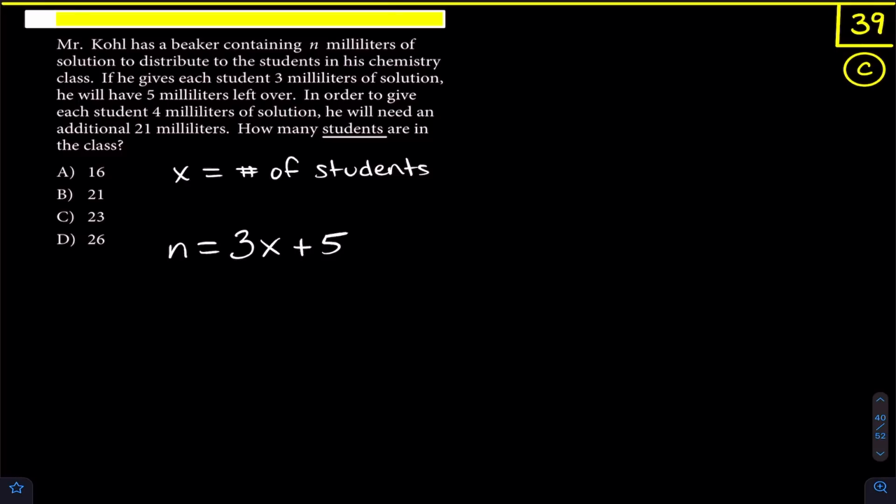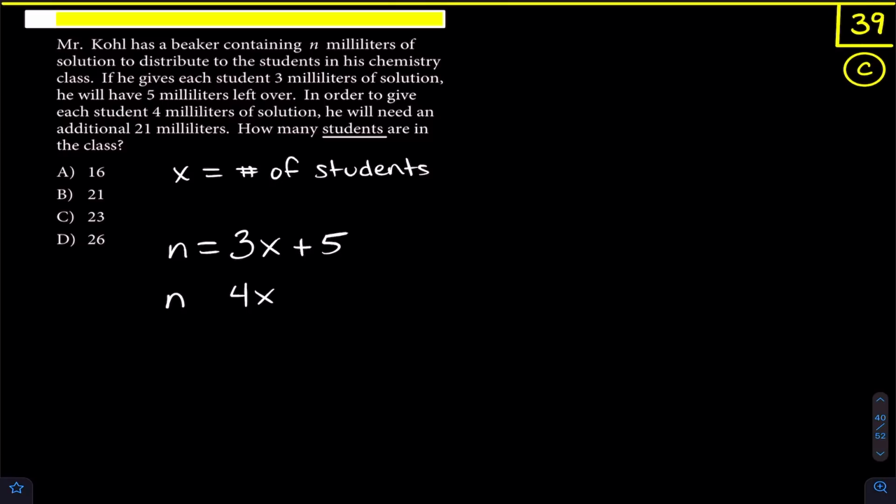And now that we have that, we can use that exact same method to make another equation for the next set of information. The next set of information says in order to give each student 4 milliliters of solution, so now he's giving out 4x milliliters because it's 4 for every student, he's going to need an additional 21 milliliters. So let's think about how we would write that in an equation.